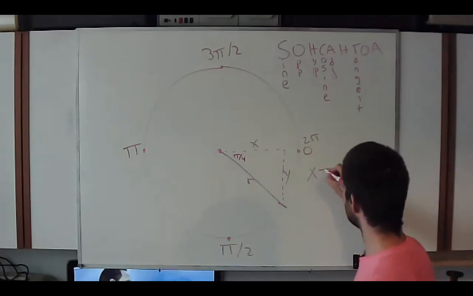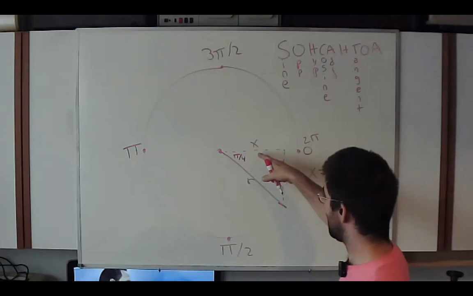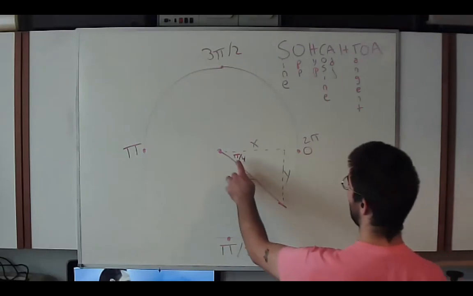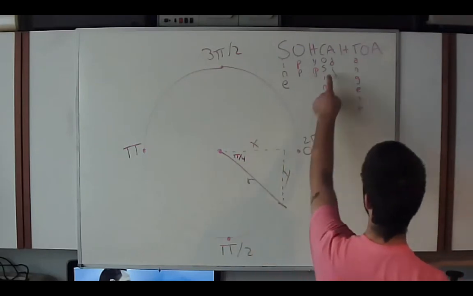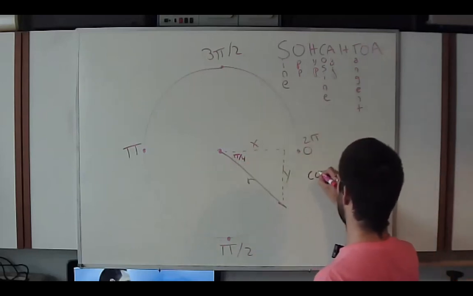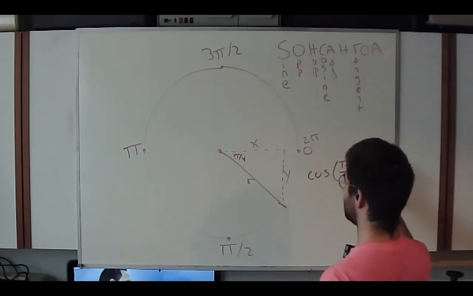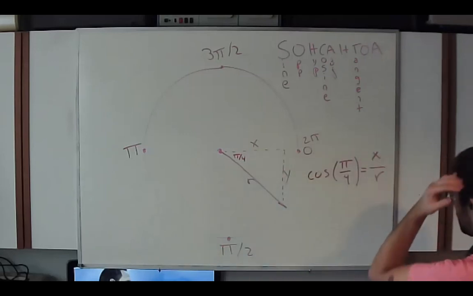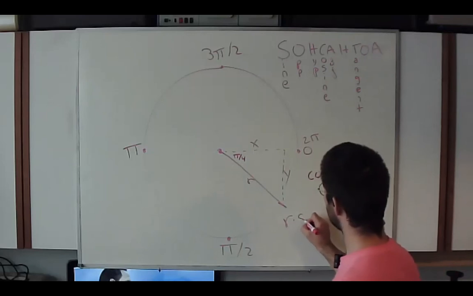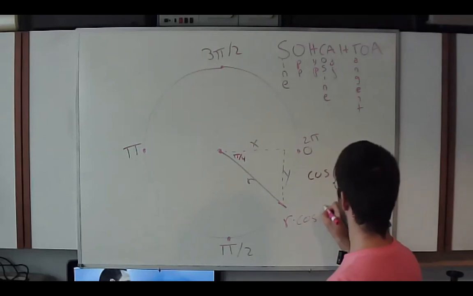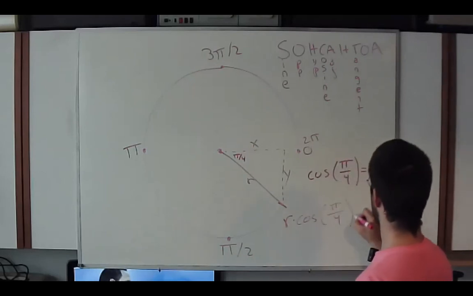X equals, well, sorry, actually, let me back that off. We have adjacent and hypotenuse, and adjacent and hypotenuse are related to the cosine. So that means that cosine of pi over 4 equals x over r. So that means that r times the cosine of pi over 4 equals x.